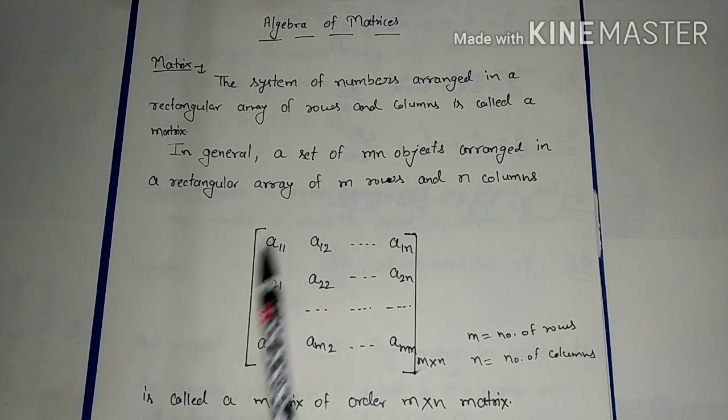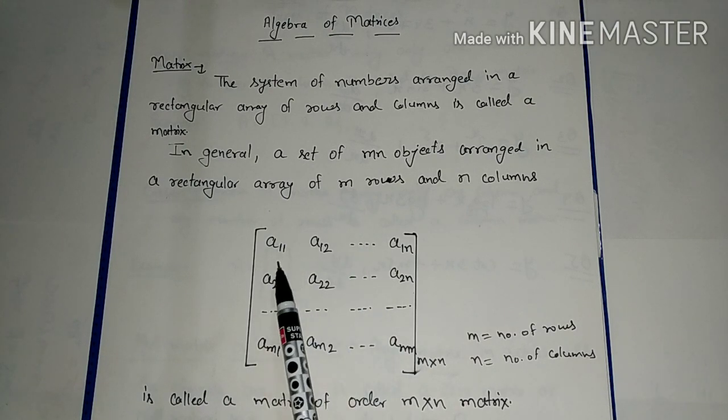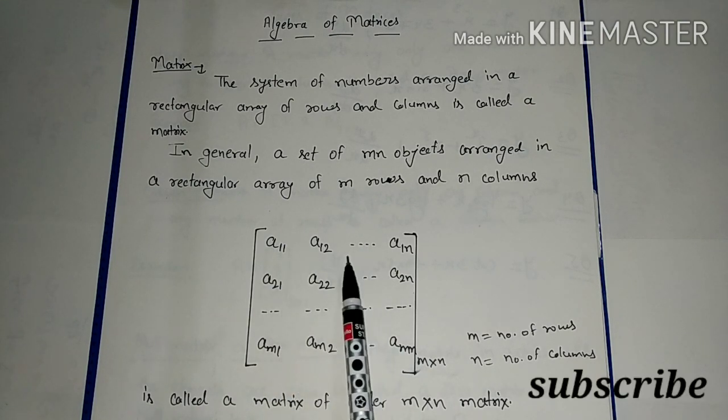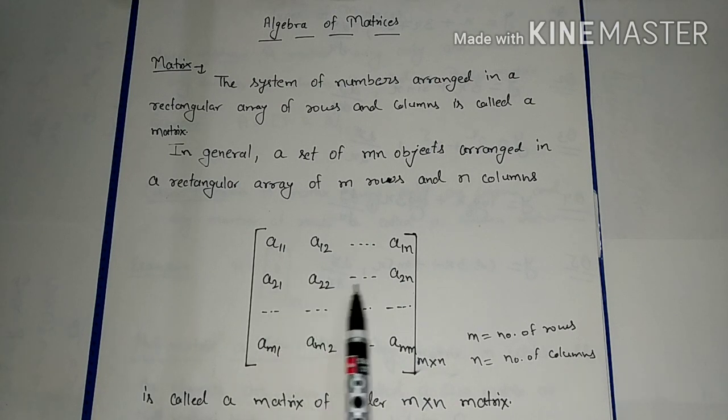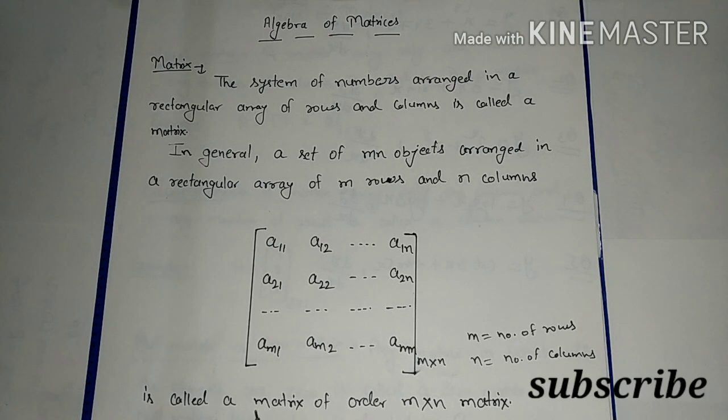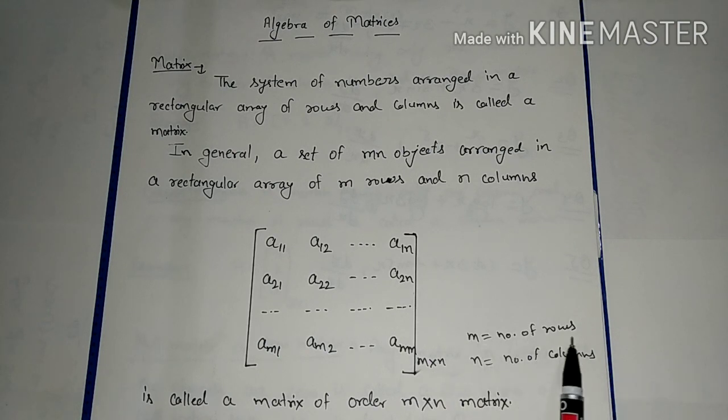This is the representation of the matrix. Here, the elements a11, a12 up to a1n, a21, a22, a2n, am1, am2, amn are called a matrix of order m by n. M represents the number of rows and n represents the number of columns. Order is written as m by n.